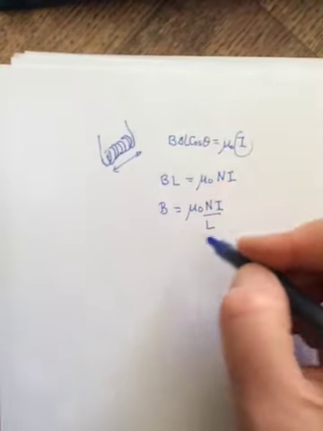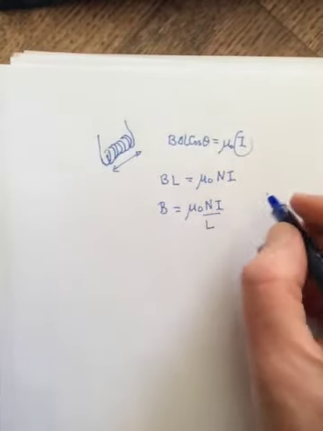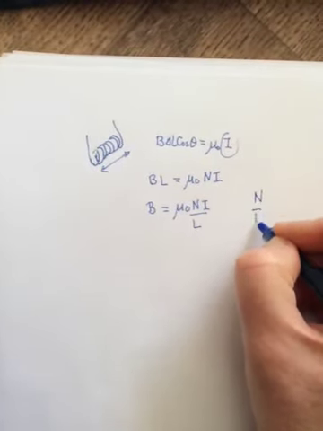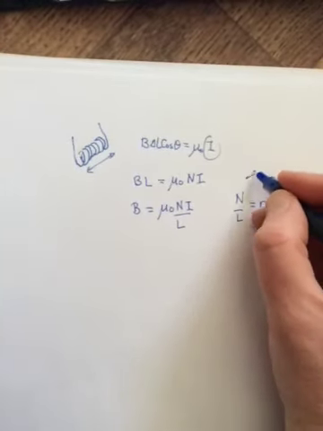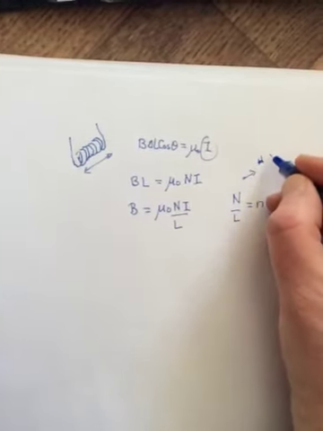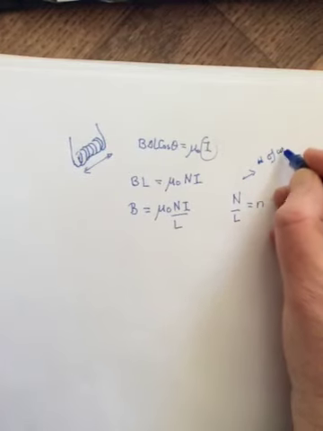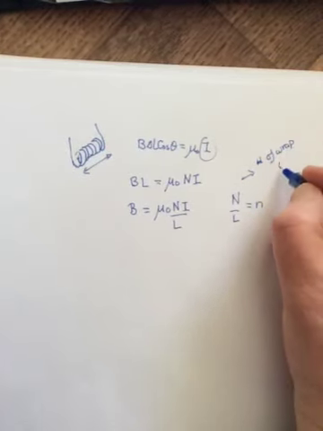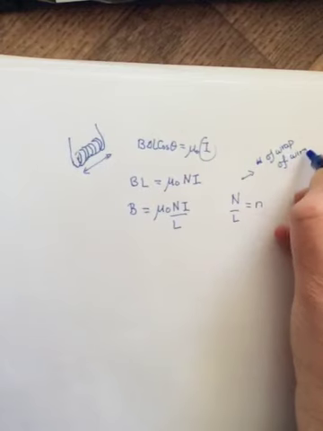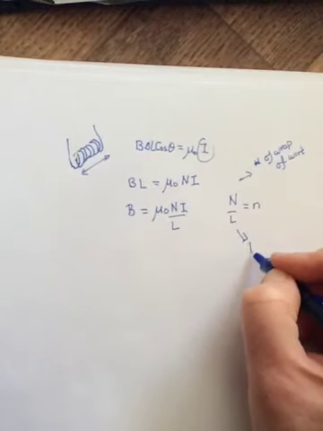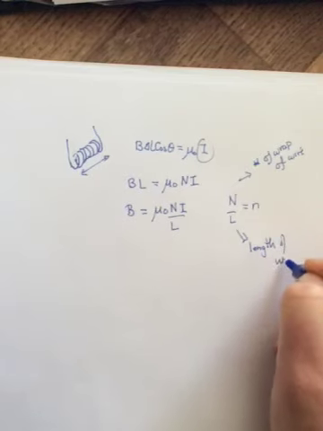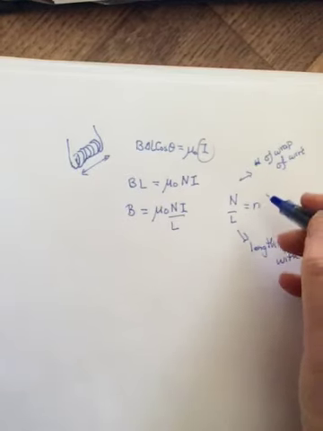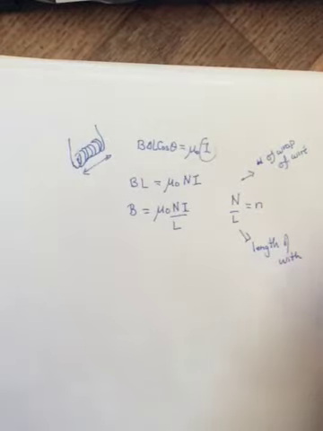But people don't really like leaving it like this, so they tend to say, well, let capital N over L just equal little n. Capital N is the number of wraps of the wire in the solenoid, and L is the length of the solenoid. So little n is the number of wraps per meter.